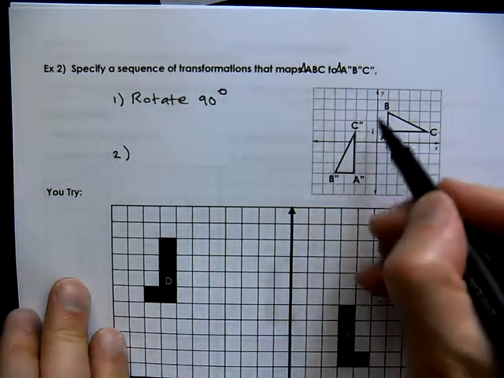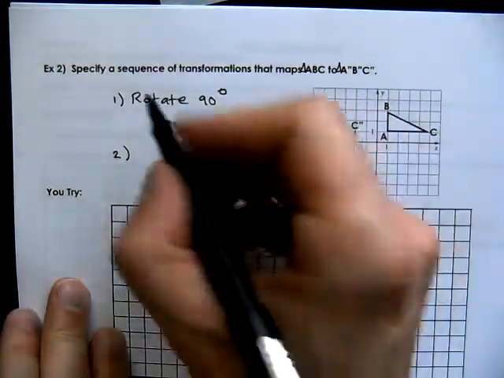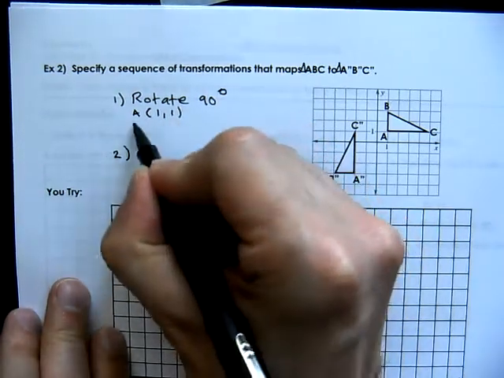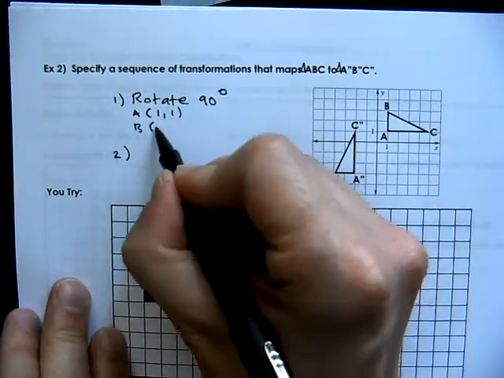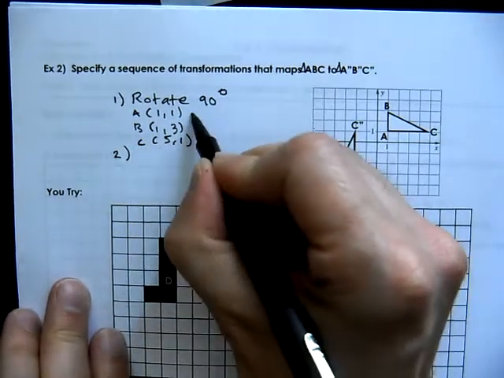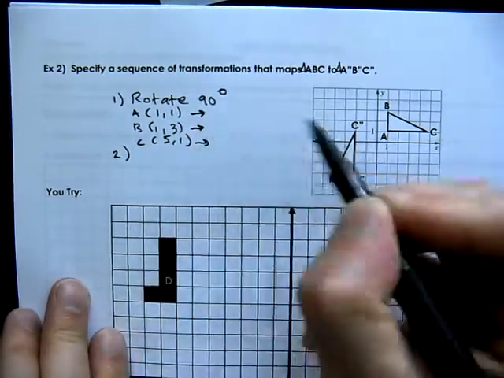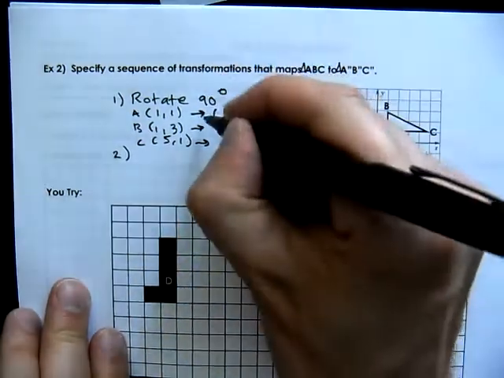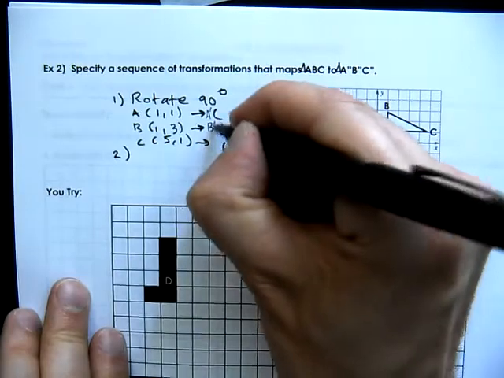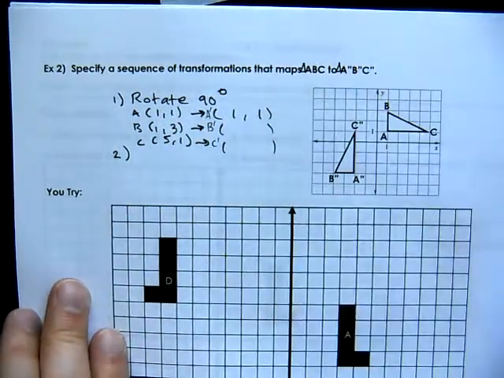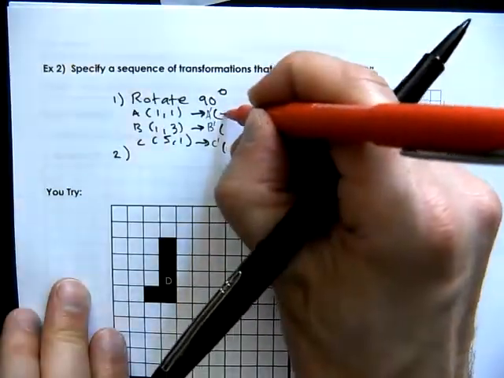But then I want you to draw that intermediate step. So we're going to apply the rule. Here's point A, which is located at 1, 1. Point B is at 1, 3. Point C is at 5, 1. We're going to apply that rule for a 90-degree rotation, which says we will end up with points A prime, B prime, C prime. First we switch the numbers around and then change the sign in front.